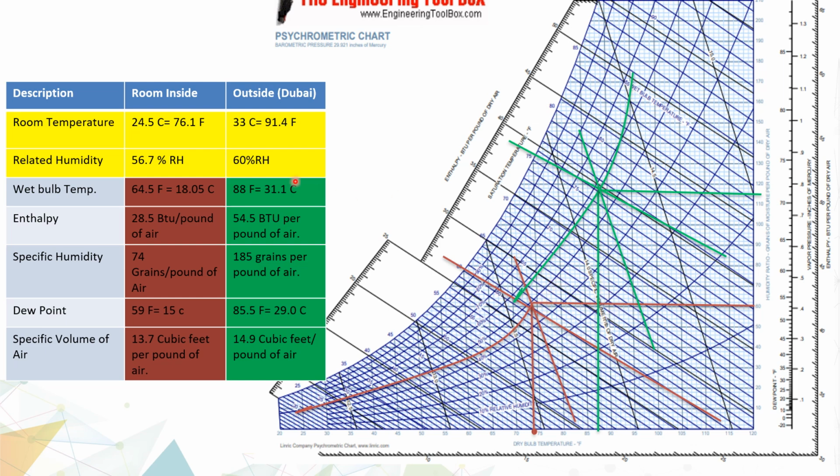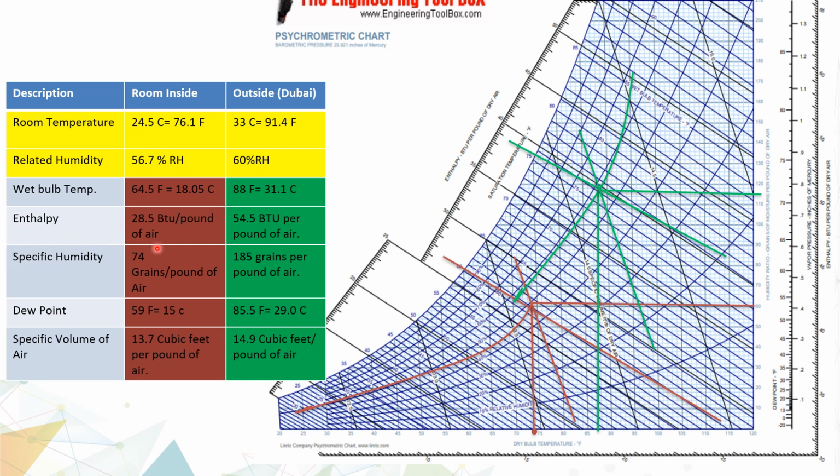Okay, so let's do the comparison. The inside temperature was 24.5 degrees Celsius with humidity 56.7% RH, and the outside temperature was 33 degrees Celsius with humidity 60% RH. So here is the data. You can see the wet bulb temperature changed from 18.0 degrees Celsius to 31.1 degrees Celsius.